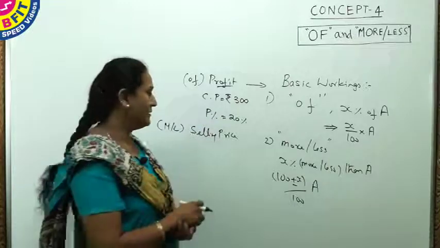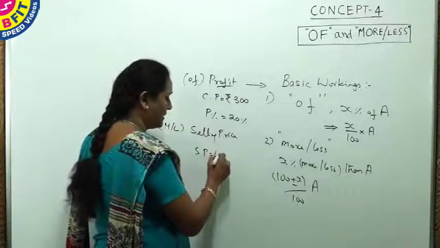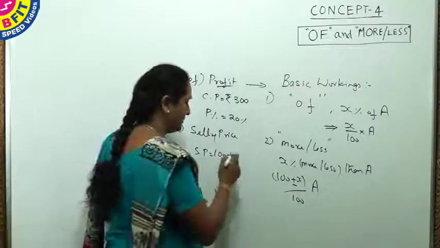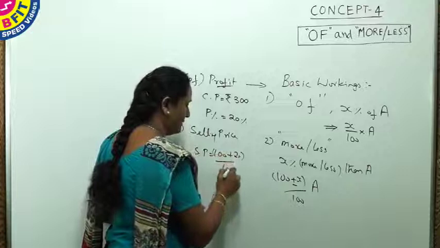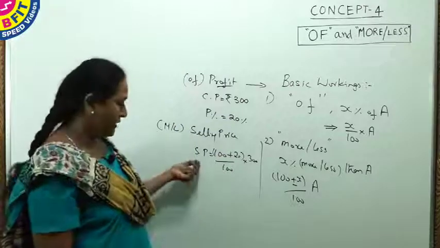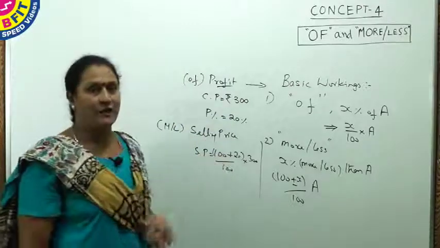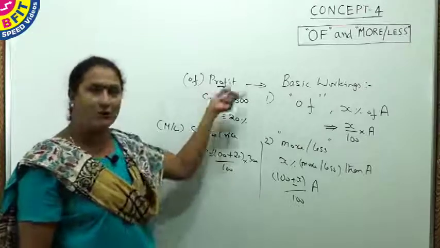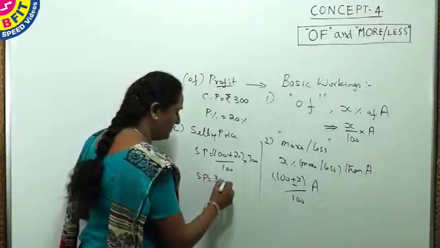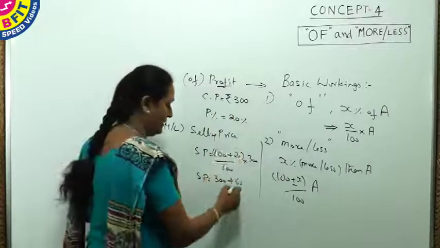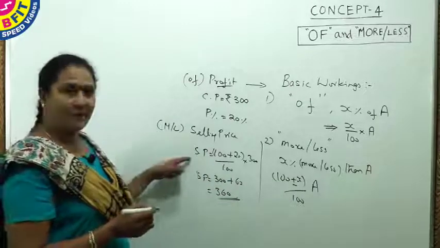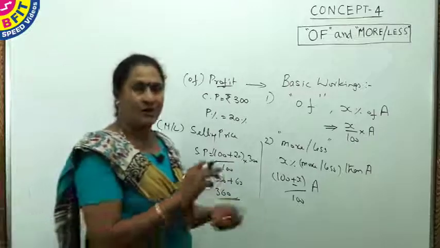To find the selling price, it is 100 plus 20 by 100 into 300. Or just add the profit value to the cost price: 300 plus the profit which we got earlier, 60. So 360 is the selling price. Selling price is one of the examples for this more or less concept.